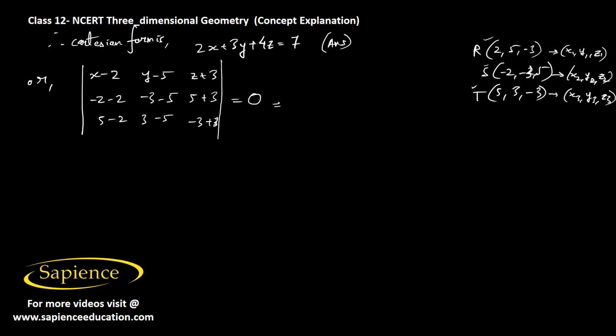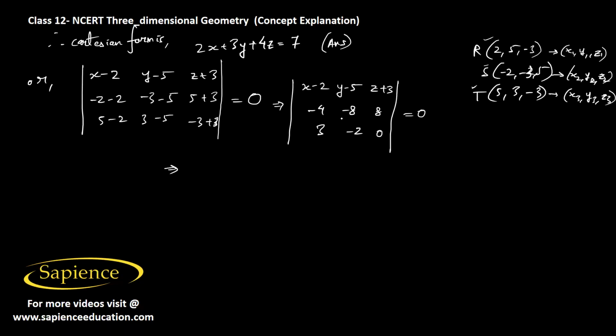So then this will be the determinant of x minus 2, y minus 5, and z plus 3. Then this will be minus 4, minus 8, 8, then 3, minus 2, and 0. That should be equal to 0.